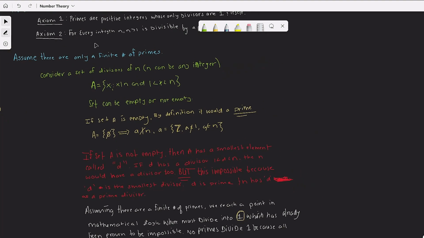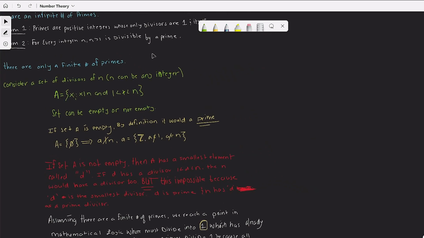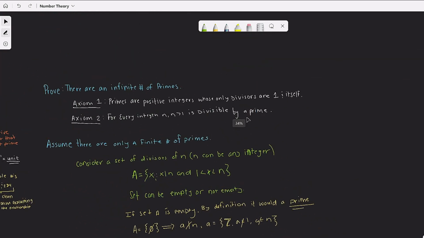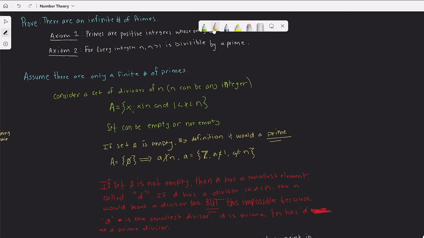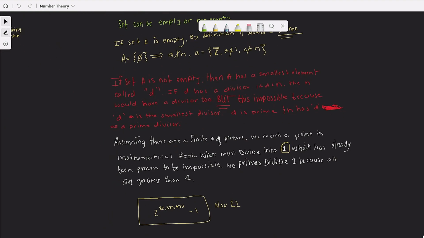Axiom 2: for every integer n greater than 1, n is divisible by a prime. So no primes divide 1 because all are greater than 1. And so this is a proof by contradiction. This is a proof.